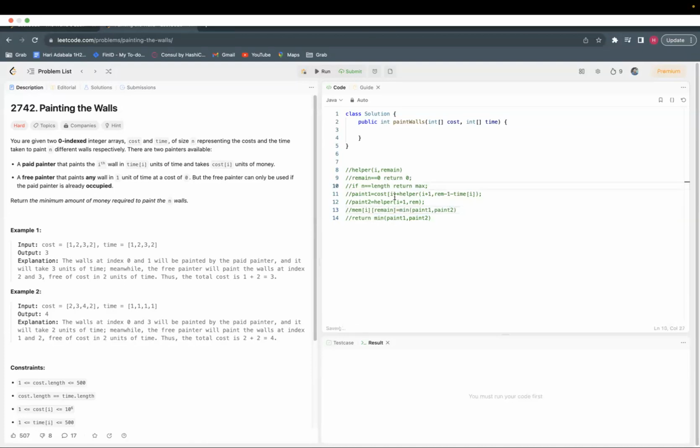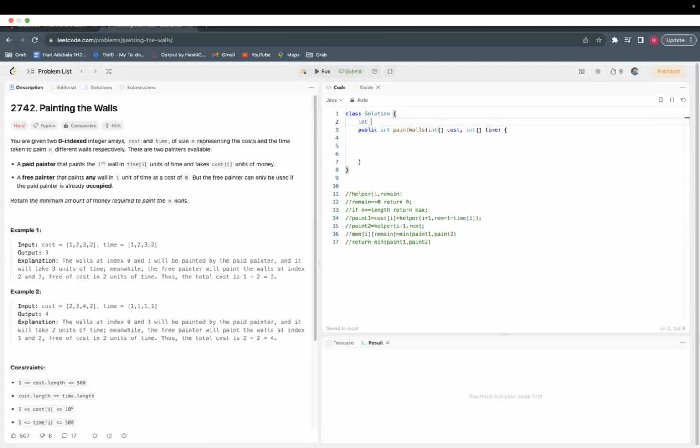And yeah, before calculating, we will also check that in the code. So let's try to code this. Let me initialize a cost array here, cost and time.